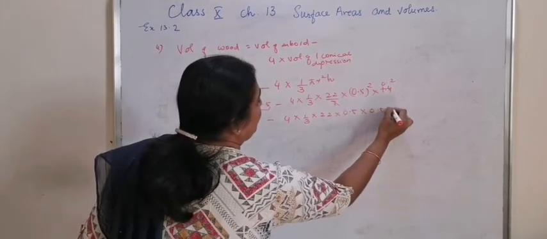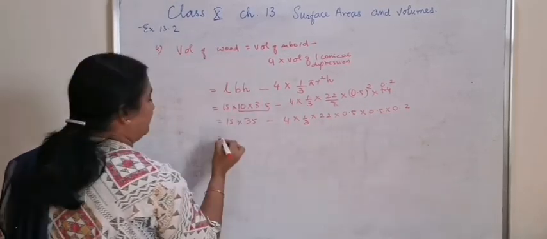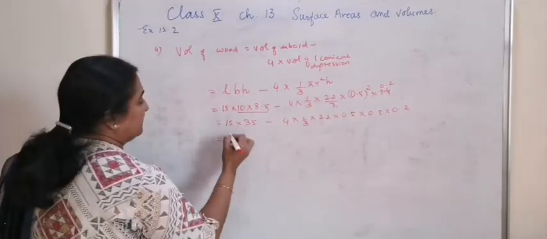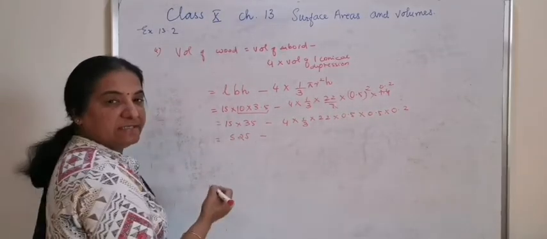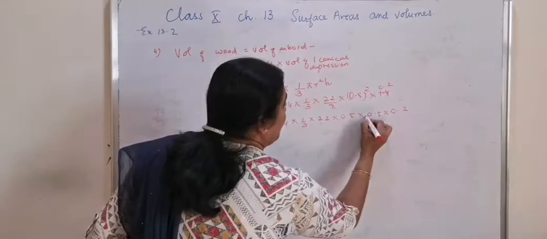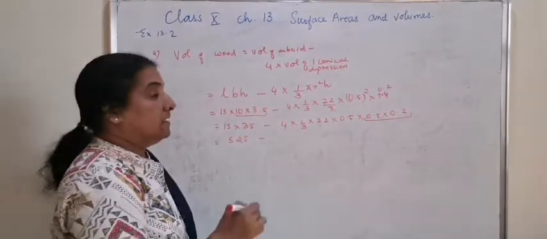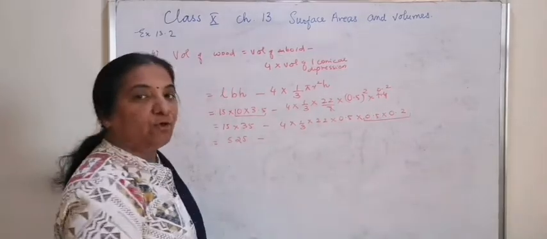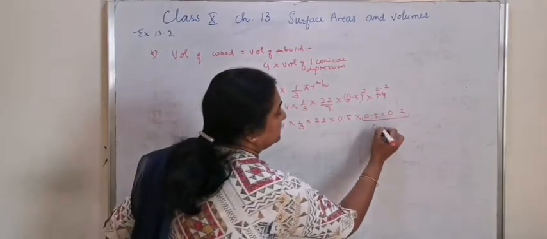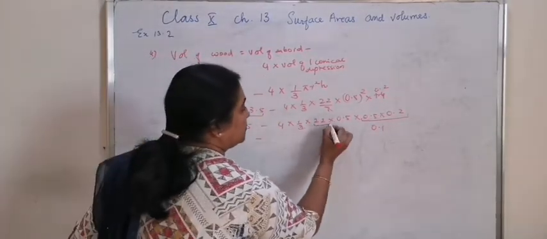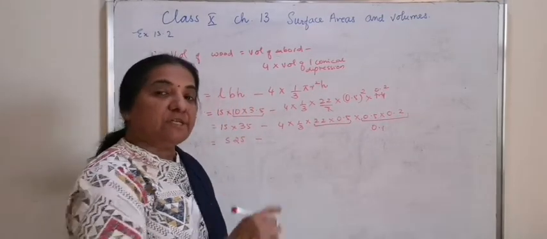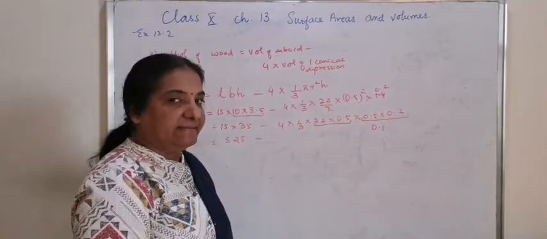0.5, 0.5, 0.2. 15 into 35 is 525 minus 10. 0.5 into 0.2: 5 2s are 10, so it is 0.1. Then 22 into 0.5 is 22 into 5, which is 110.